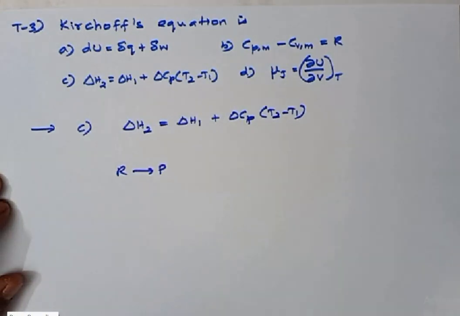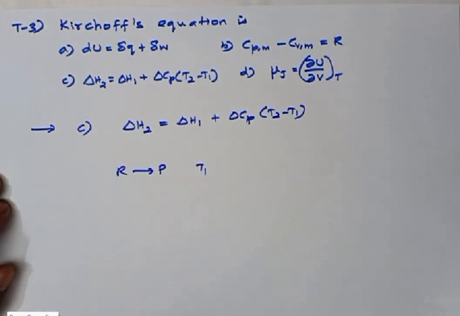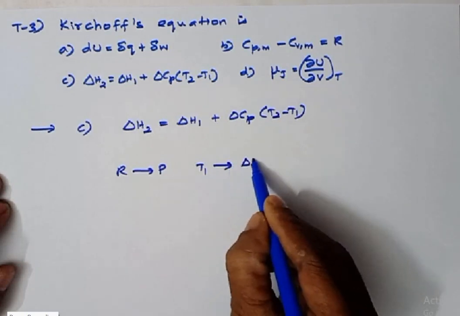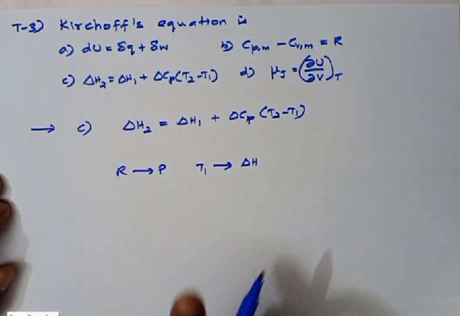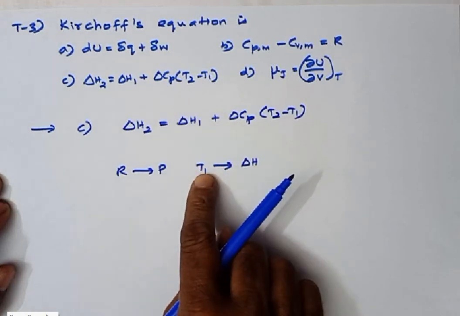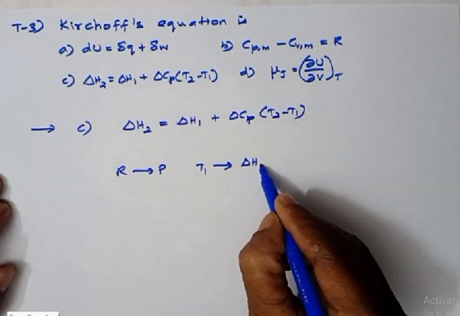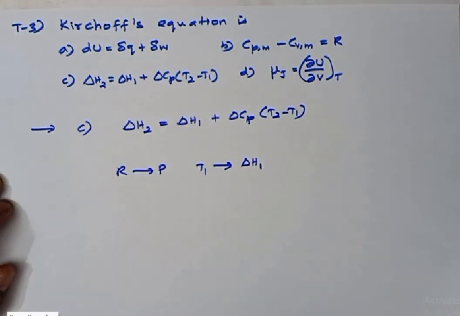You carry out this reaction at some temperature T1, at constant temperature T1, and find out delta H. That delta H is called delta H1.